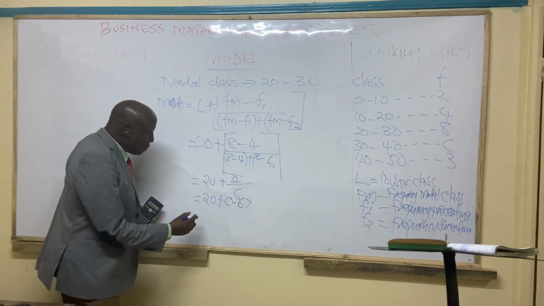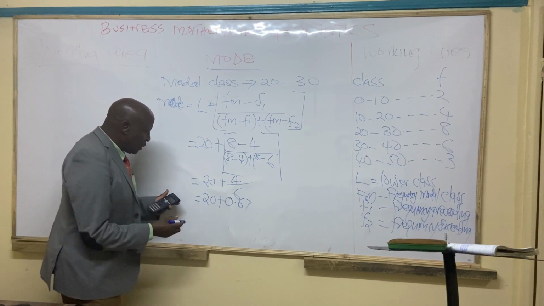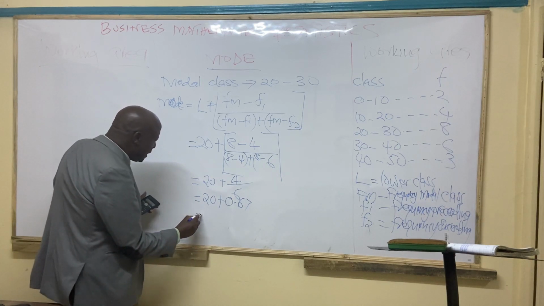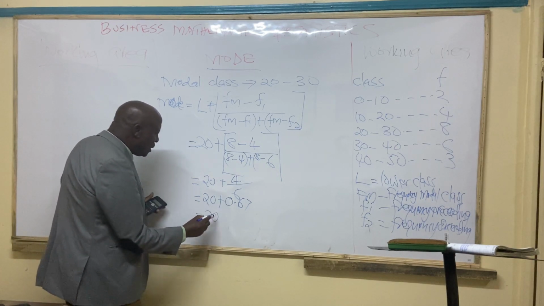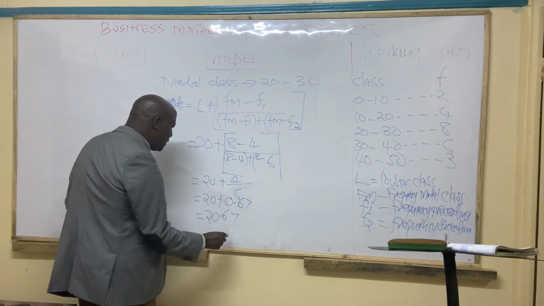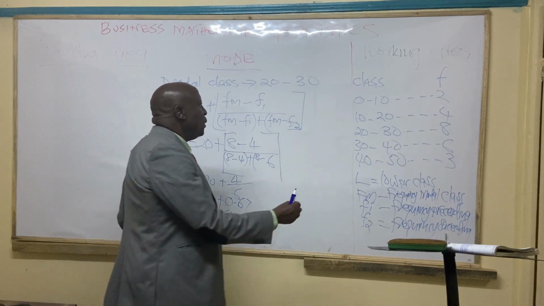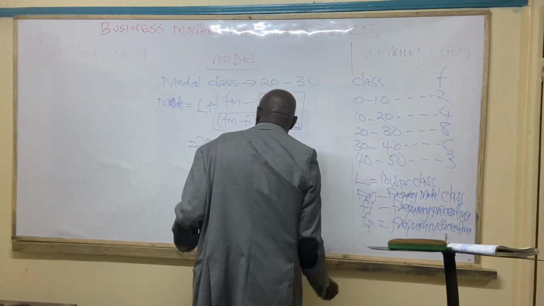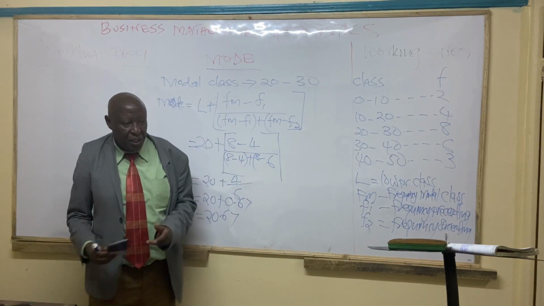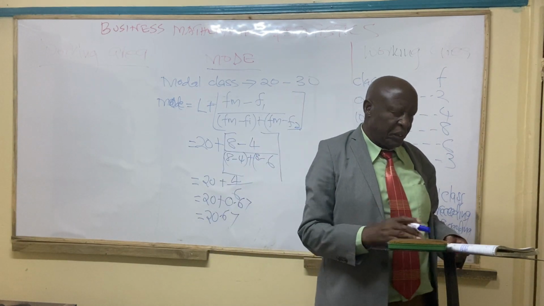So when we add, we will say 20.67. So now our mode would lie somewhere there. That will be our mode.